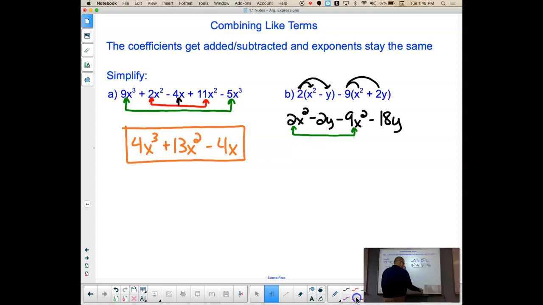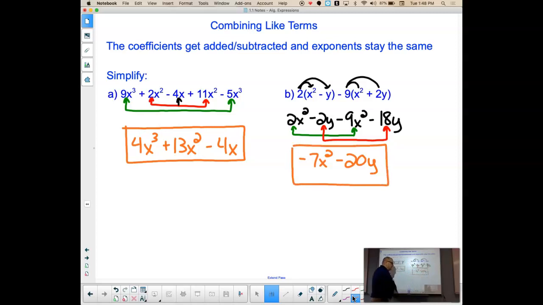Those two combine to be negative 7x squared. You've got a y term and a y term. Those two combine to be negative 20y. And that, ladies and gentlemen, is your final answer, because you can't go any further with it.